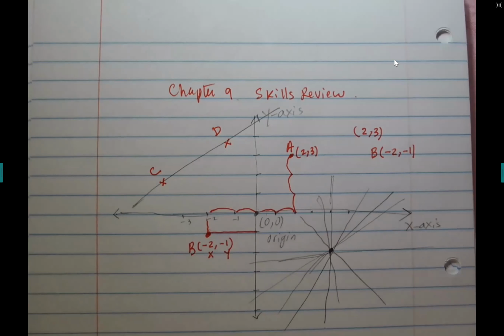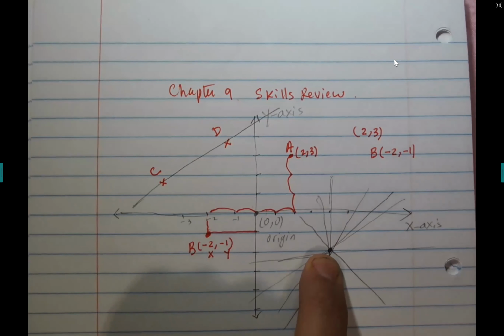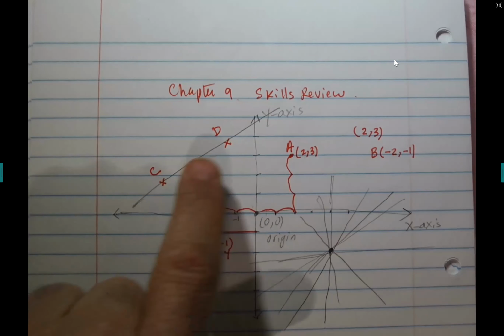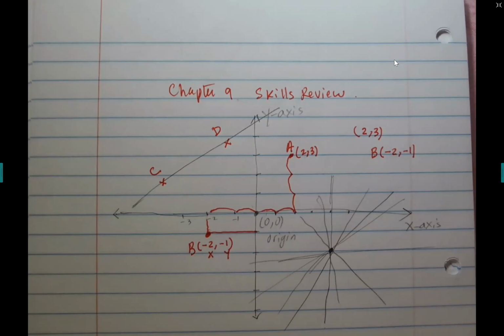So what I'm trying to tell you guys, if you need to draw a specific line, 1 point will not be enough, because through 1 point, look how many lines I was able to pass. If you want a unique, specific line, you need to know 2 points on the line. If you know 2 points on the line, you will get exactly the line that you want. So in order to plot a line, you need to know 2 points.